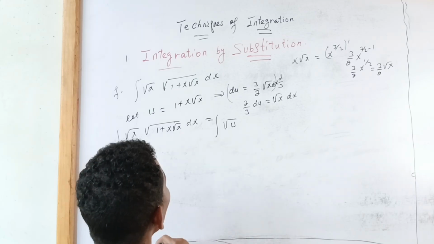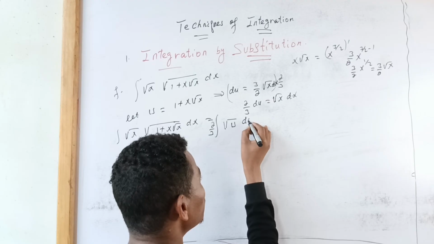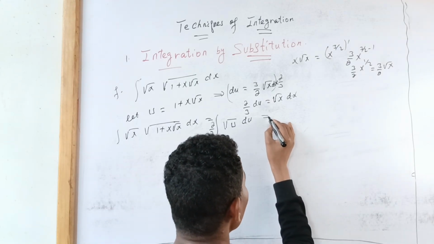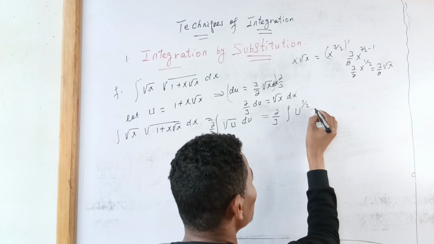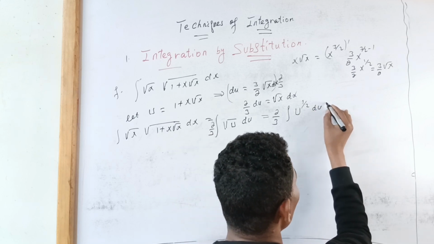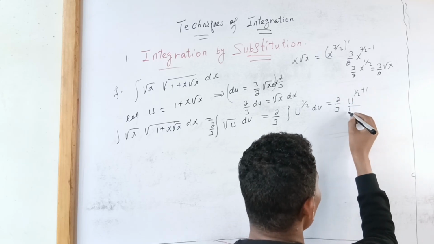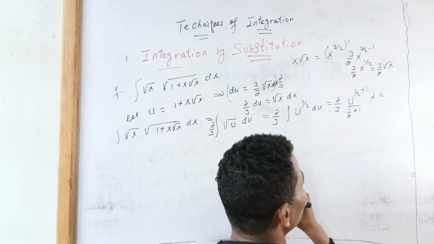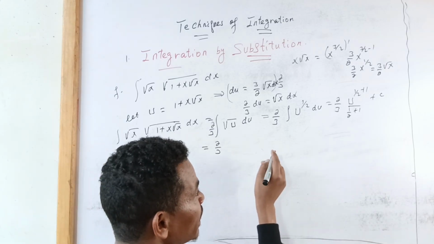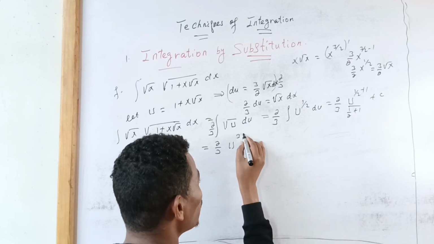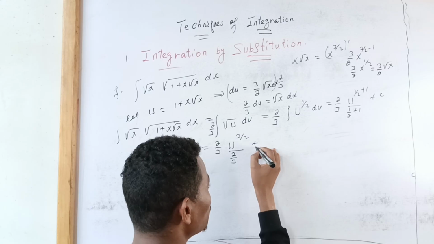Integration of radical u times 2 over 3 du, so this is 2 over 3 integration of u to the power of 1 over 2 du. It becomes 2 over 3 u to the power of 1 over 2 plus 1, over 1 over 2 plus 1, plus a constant c. This is equal to 2 over 3 u to the power of 3 over 2 over 3 over 2, plus a constant c.